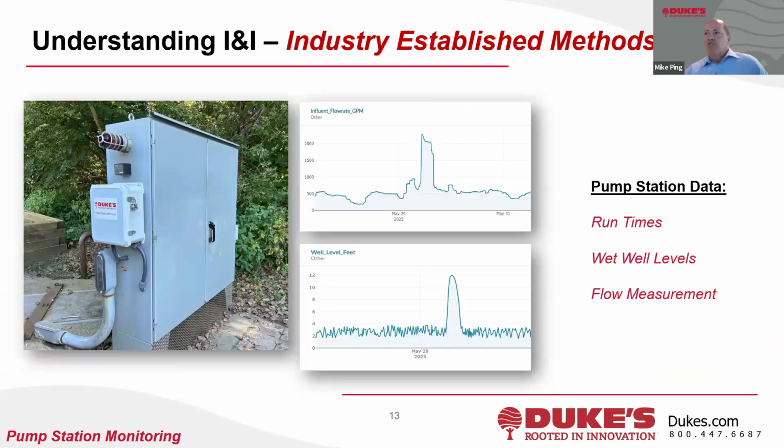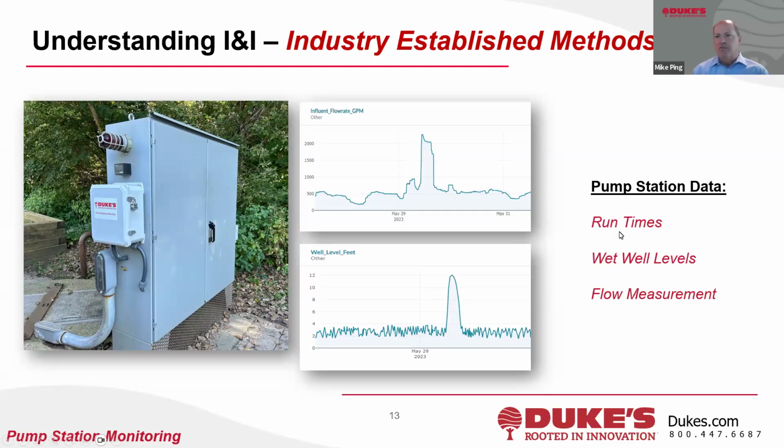Another common tool in the toolbox would be a utility that uses their pump station data to figure out which area contributing to each pump station is contributing what percent of I and the volumes and so forth. It's very common to hear of people using run times.